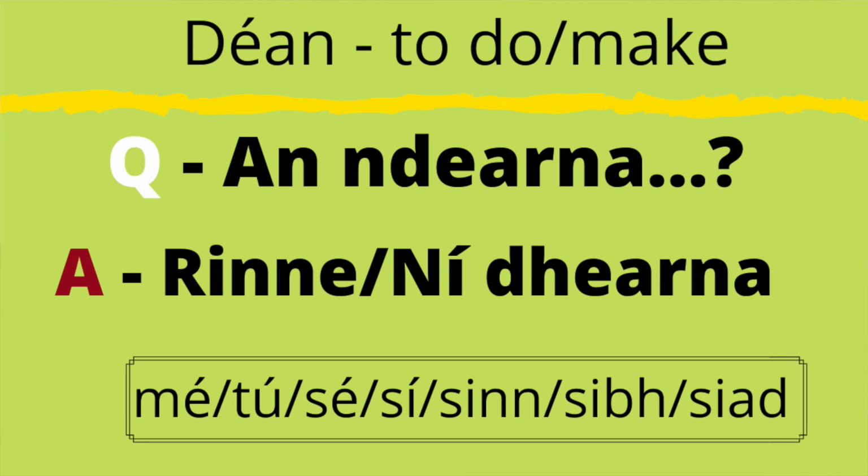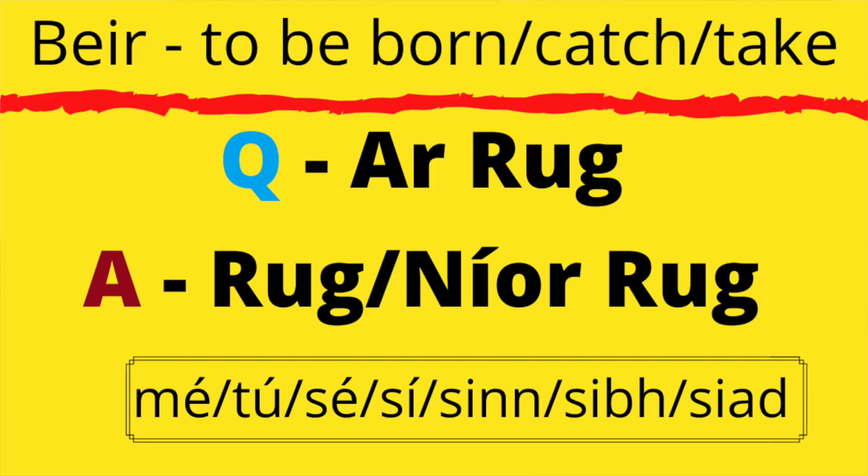I'm sure you've noticed there that there's two ways to ask a question in the examples that I've just discussed here. So for example, an raibh, did you, or ar rug, did you catch?